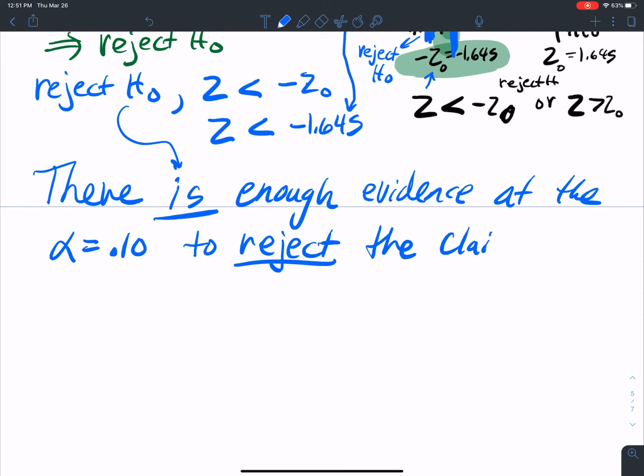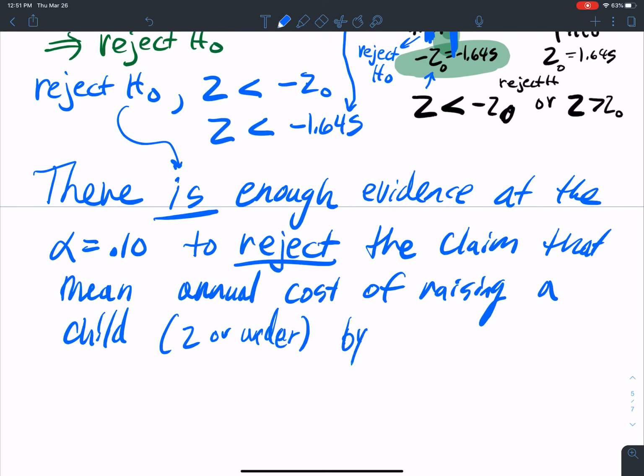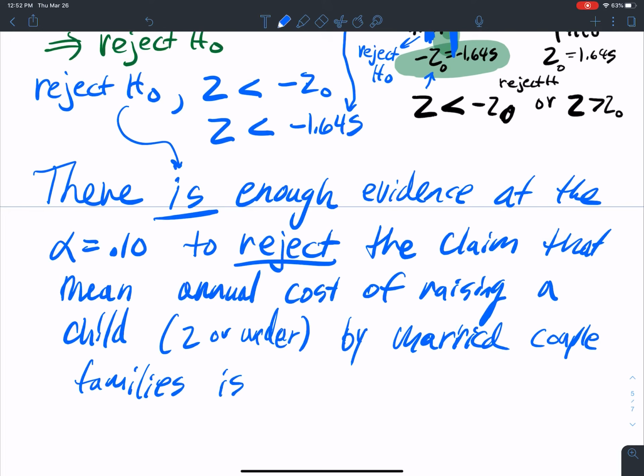The claim. What's the claim? That the mean annual cost of raising a child to or under by married couples in the U.S. is 14,050.